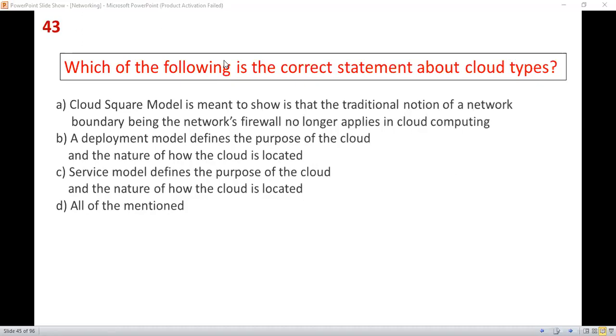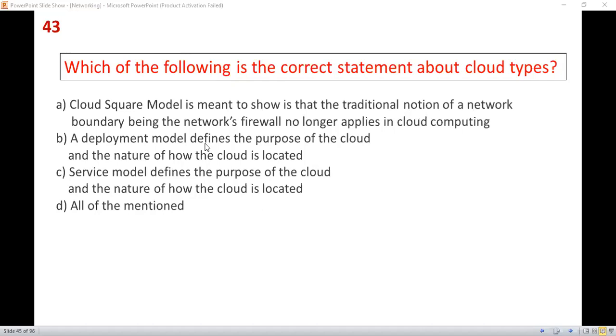Okay. Anyone else? In this question, we are talking about the correct statement about cloud types. If we are talking about cloud types, option B will be correct: a deployment model defines the purpose of the cloud and the nature of how the cloud is located.